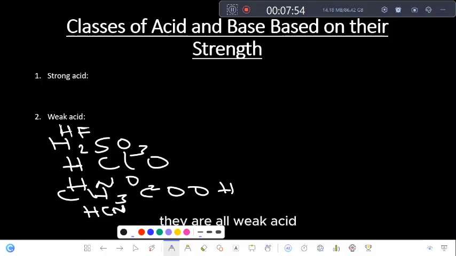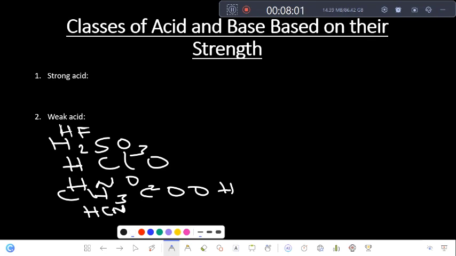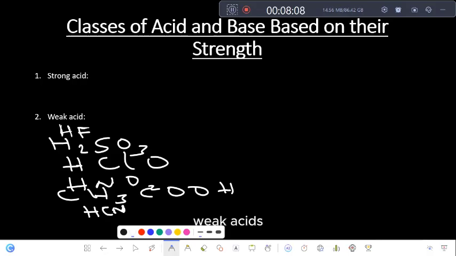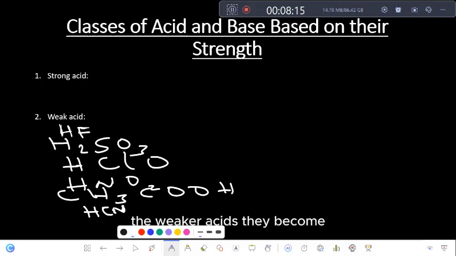They are all weak acids because they partially dissociate to produce hydrogen ions. Please, it is important to note that all organic acids are mostly weak acids, while for oxyacids, the lesser the number of oxygen, the weaker the acid becomes.